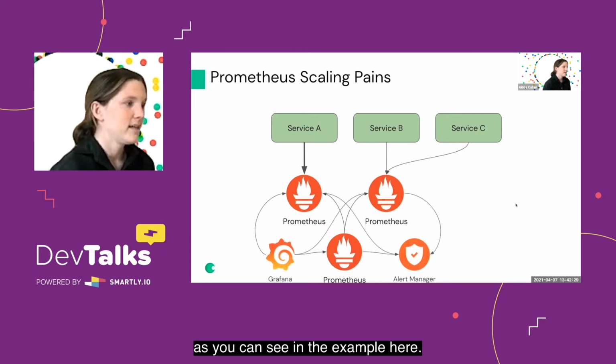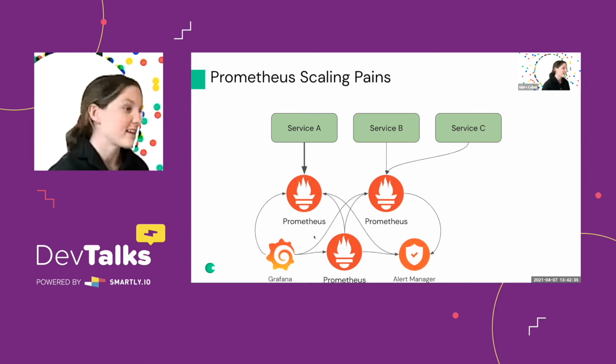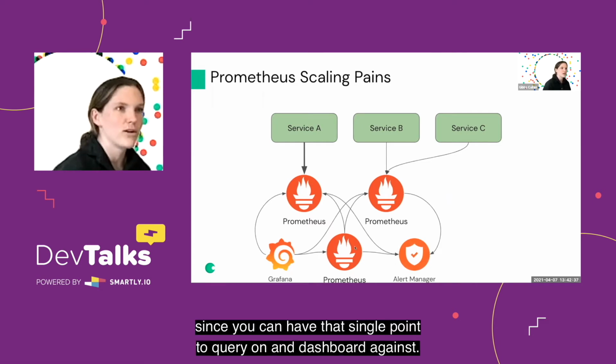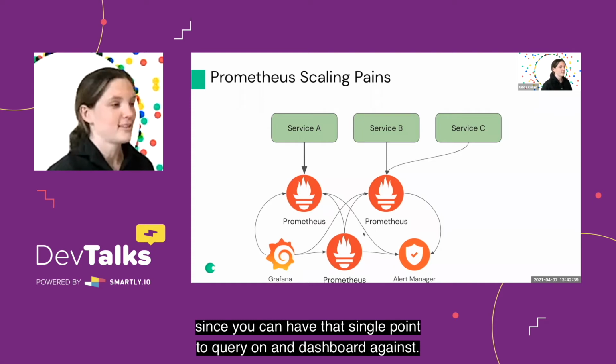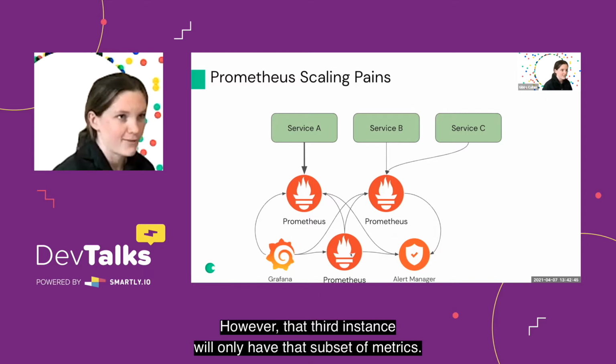So that's all good and great in that you're now able to have that single point to query off of and dashboard against. However, as I mentioned, this third instance is still only going to have that subset of metrics.